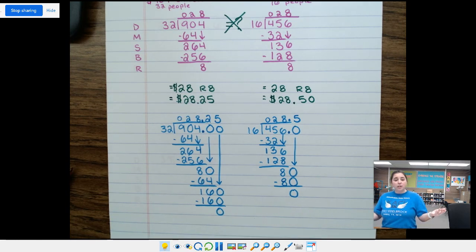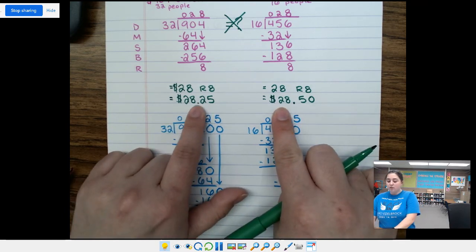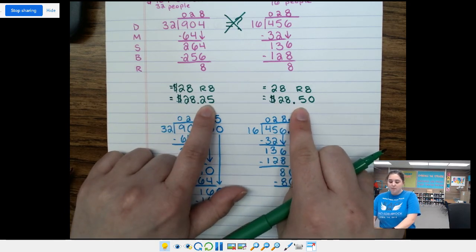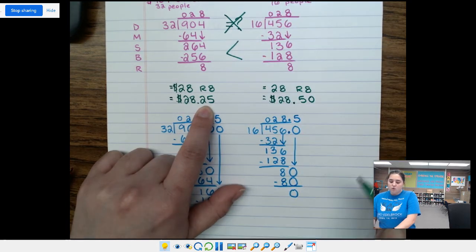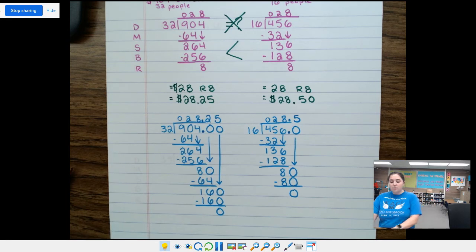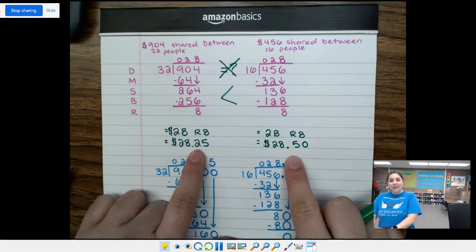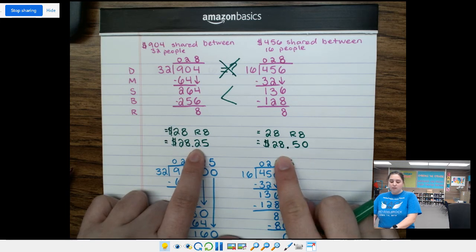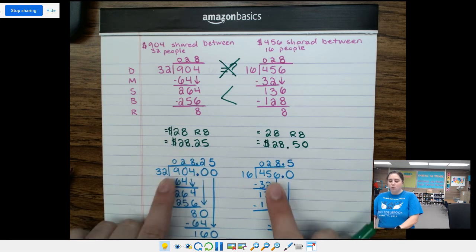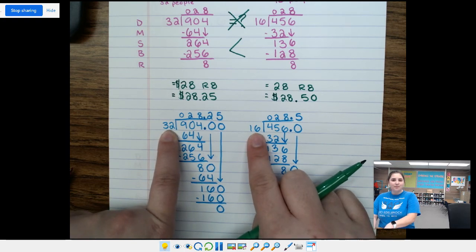Which of these is actually going to get us more money? This problem over here, $28.50 is more than $28.25. So although these problems look like they're the same, when you find their exact answer, our decimal answer, they are not, because one is dividing by 32 and one is dividing by 16.